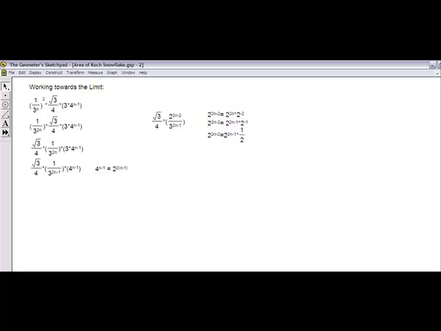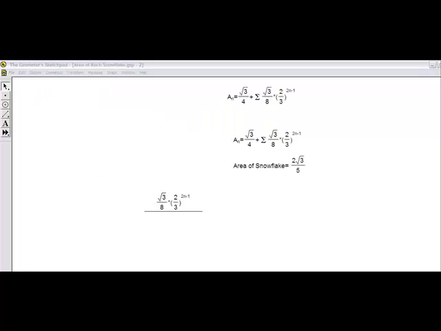So we'll plug this back into our original equation. So we have the square root of 3 over 4 times the 2/3 to the 2n minus 1 times 1 half. So this simplified will be our limit equation. So now that we have the equation for the limit derived, we'll plug that into the equation for n when it goes to infinity.